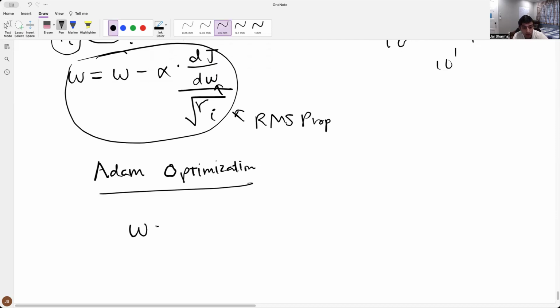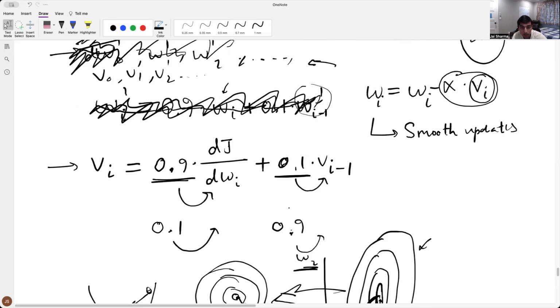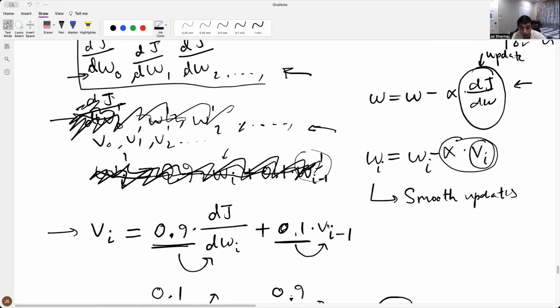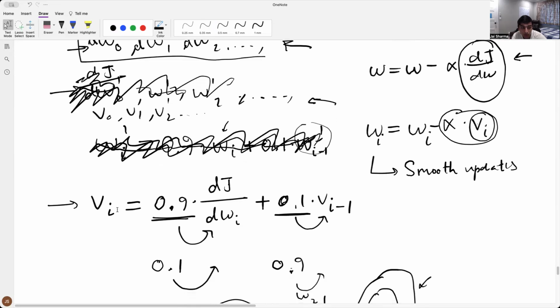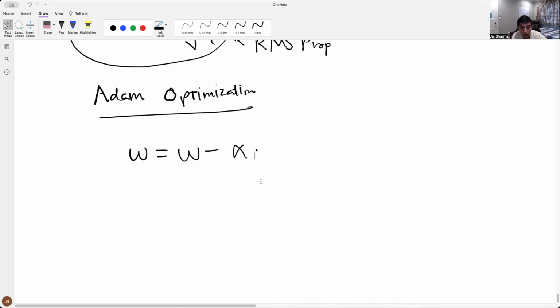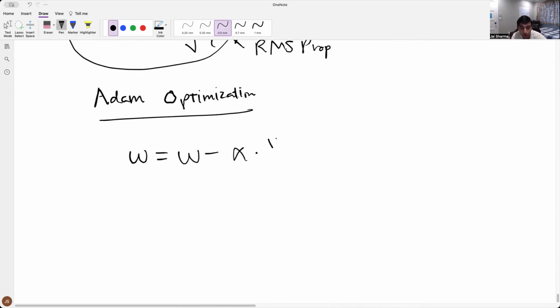So our new update is W equals W minus alpha times not dJdW, but whatever. So previously we had used the variable V, right? V is the exponentially weighted moving average of all of the dJdWs, right? So V i over the square root of Ri.